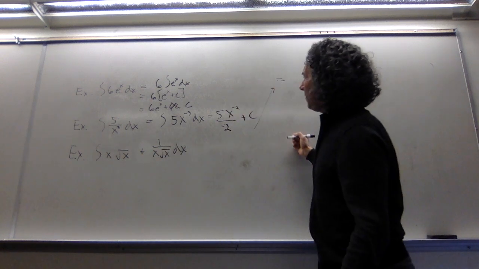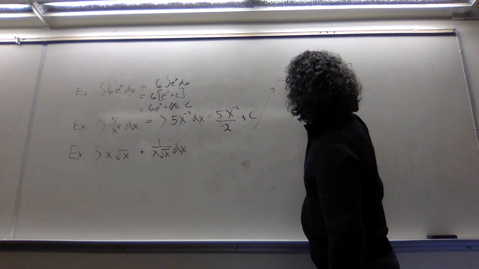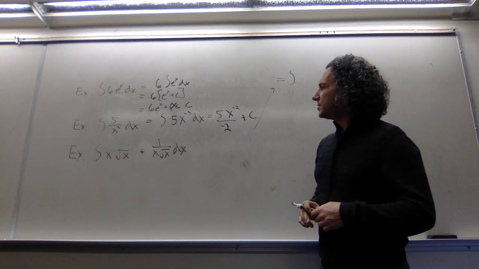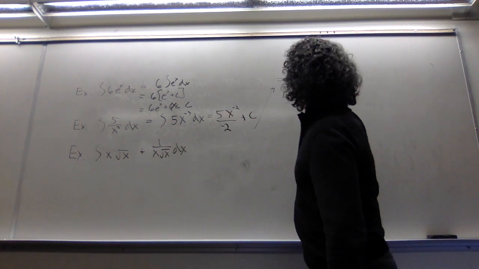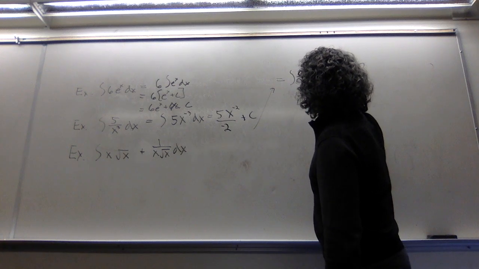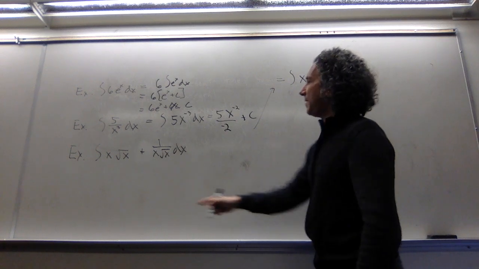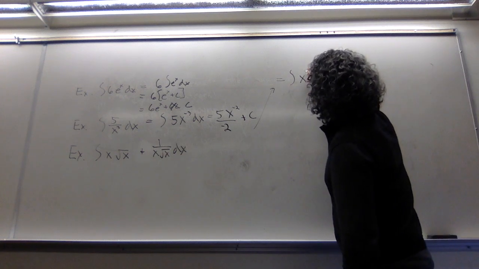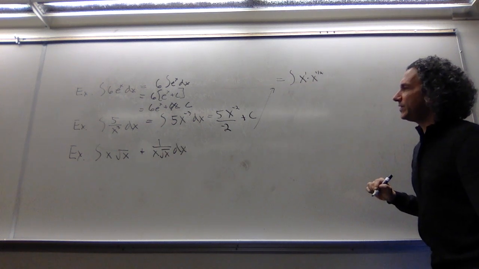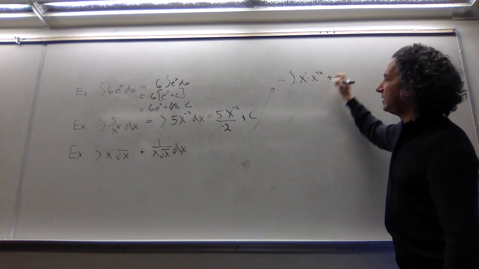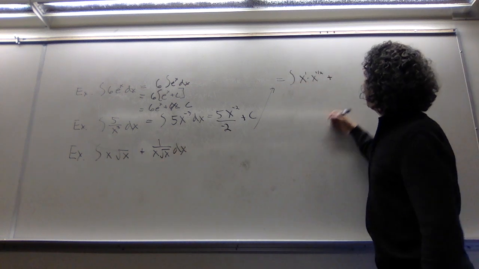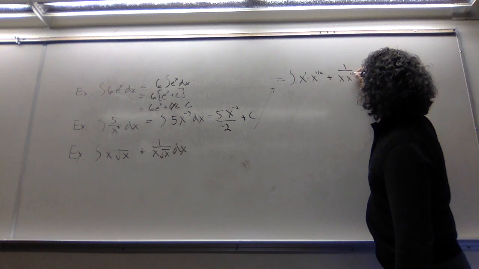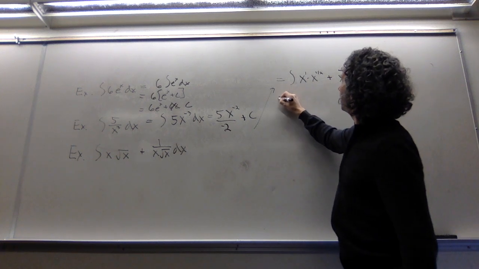So let's see. Well, before I even get there, though, I don't have any product rule. There's no product rule. So I need to use one of the rules that I have already. And I can do that by realizing that the square root of x is just x to the 1/2. So that's x to the first, and hopefully you see where that's going to go in a minute. But let me play the same game here. This is 1 over x times x to the 1/2 dx.